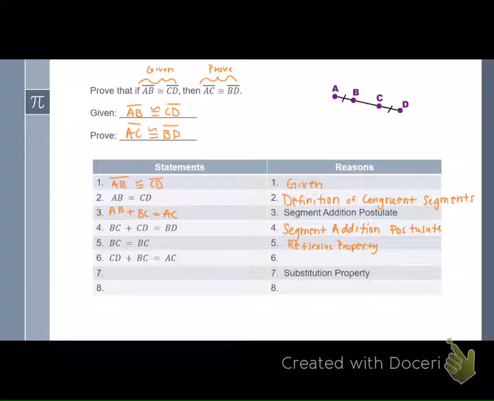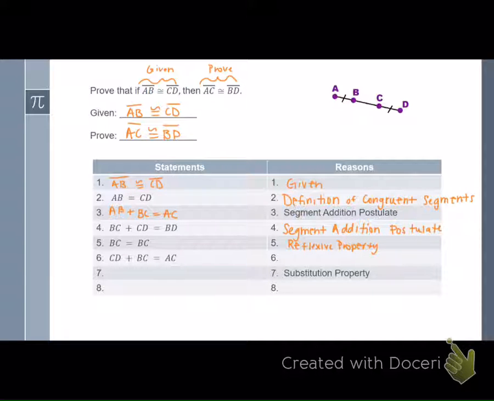Okay, so now it says that CD plus BC equals AC. Let's go back up to the one that says equals AC. Was CD originally in there? No. What is different about 3 to 6?